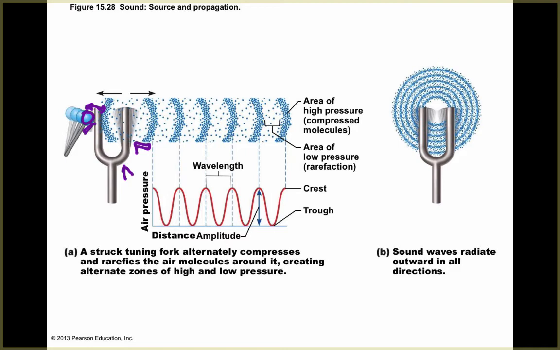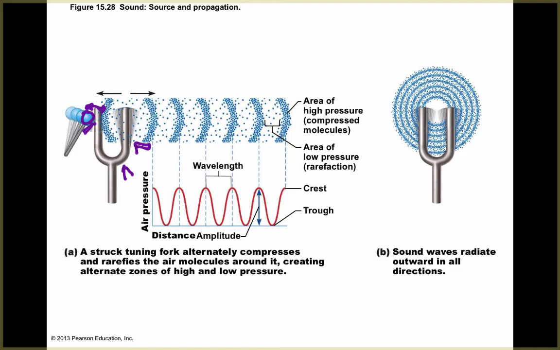At the peak of that red line, you'll notice that's the peak of high pressure, where all those compressed molecules are together. Where it goes down into the valley, you have fewer air molecules, because that's when the fork vibrated back and wasn't pushing on those molecules.